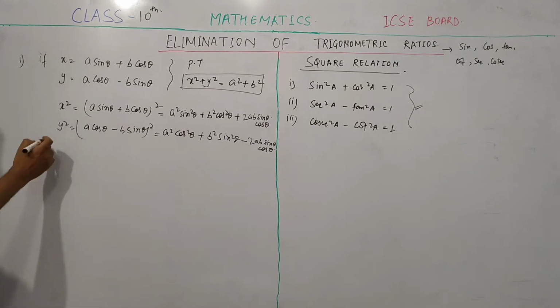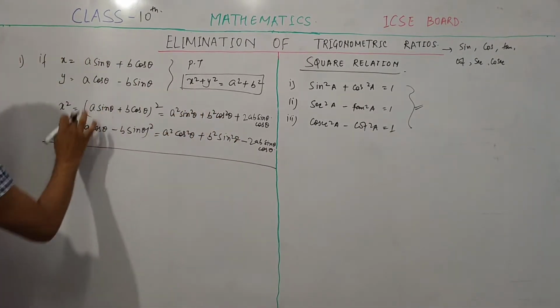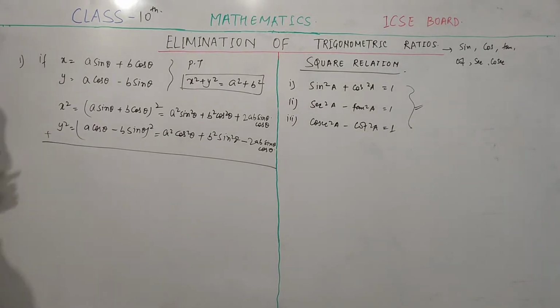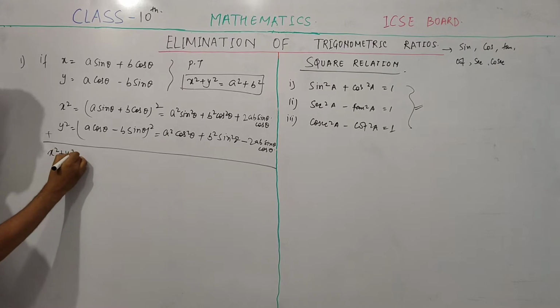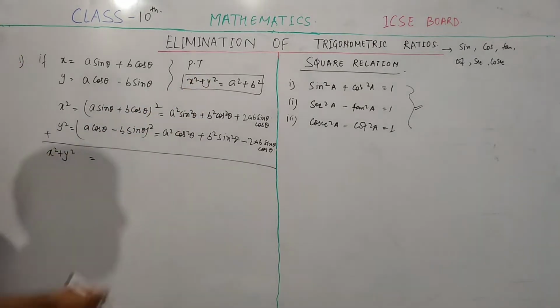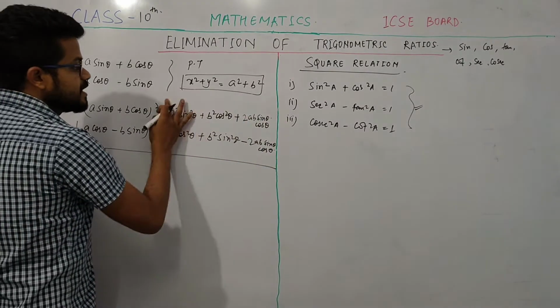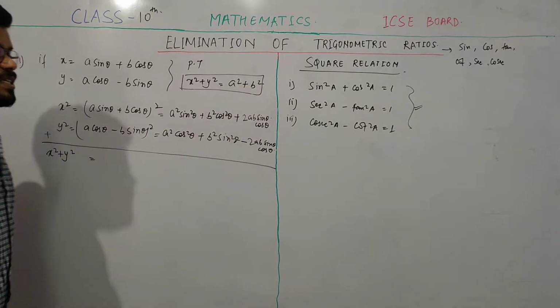Now after getting these relations, we add the two. On the left hand side, this is x square plus y square. Now I have to convert the whole expression into a square plus b square.